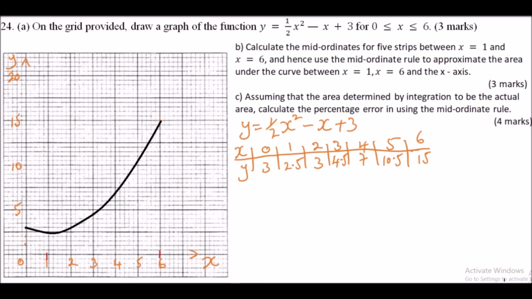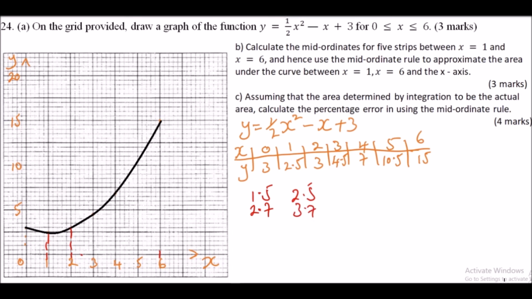From the graph you'll be able to get, at 1.5, the midpoint, the mid-ordinate is 2.7. That is the first strip. The second one is at 2.5, the mid-ordinate will be 3.7.